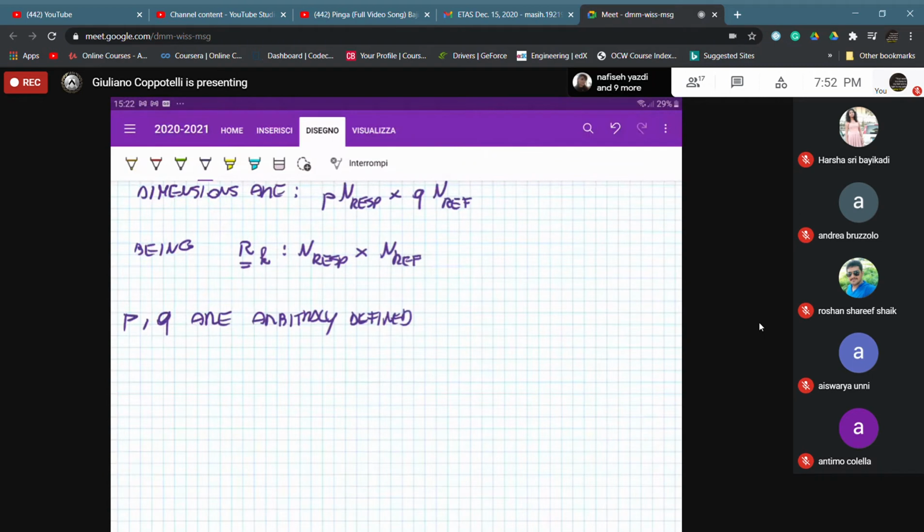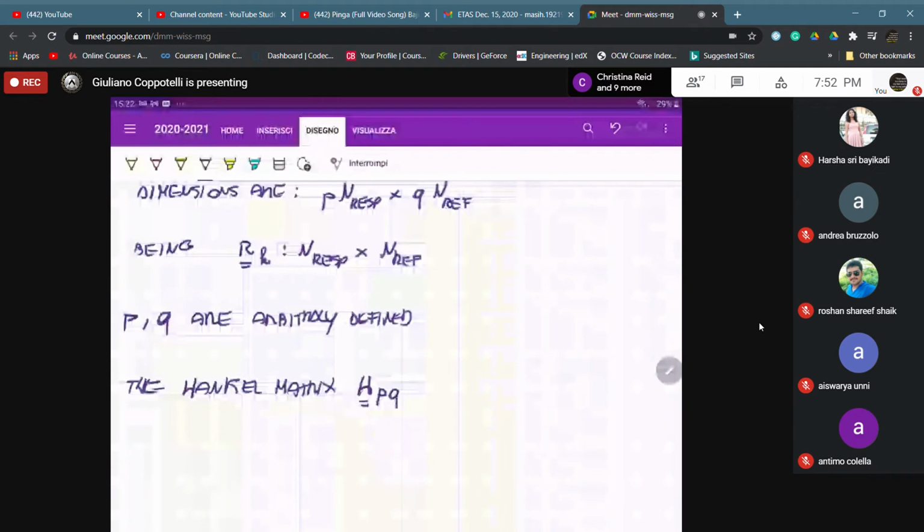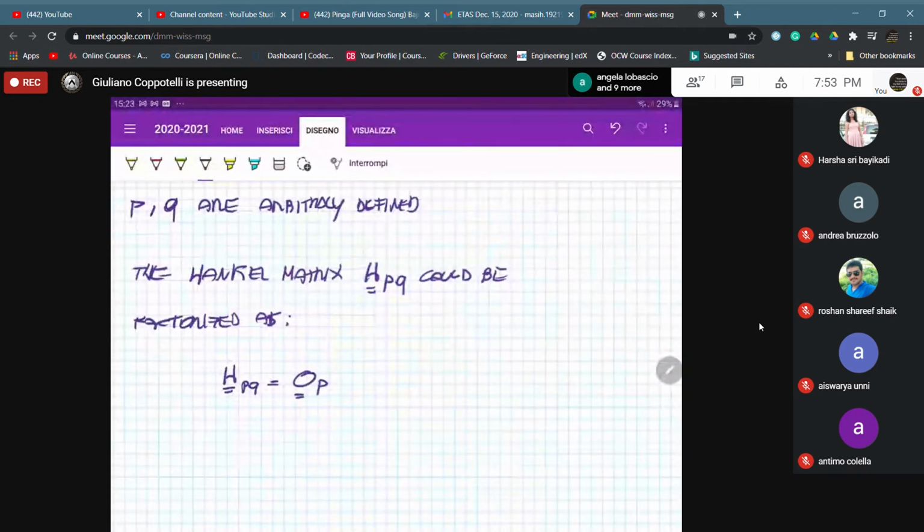Then the process: consider that the Hankel matrix HPQ could be factorized as a product of two matrices. Let me call it OP times CQ.